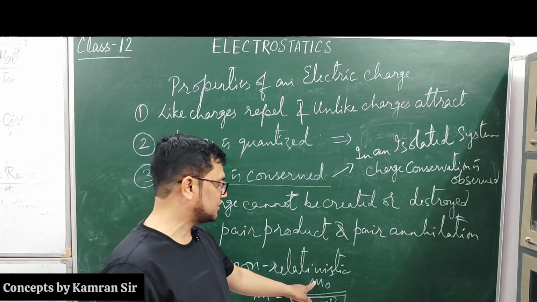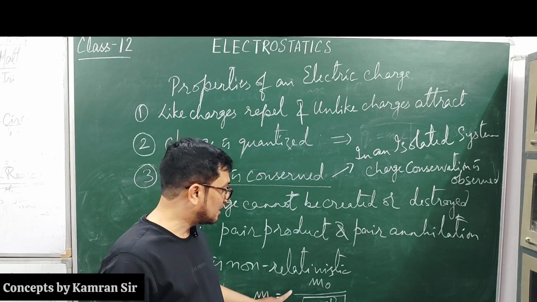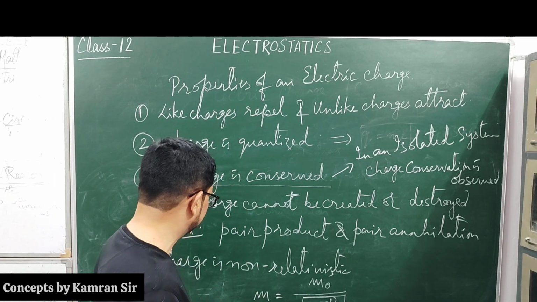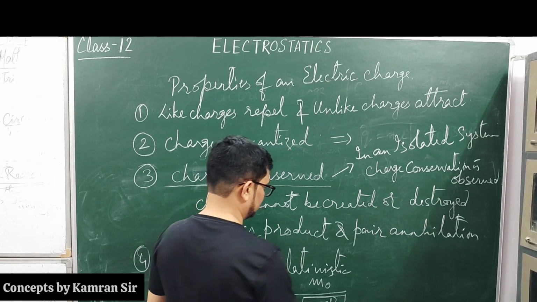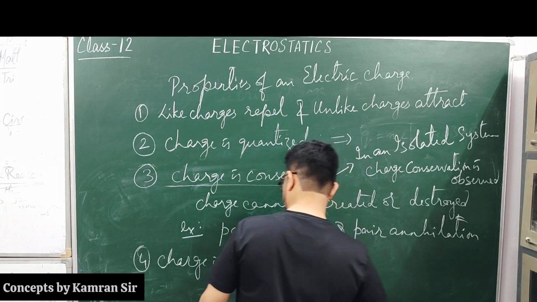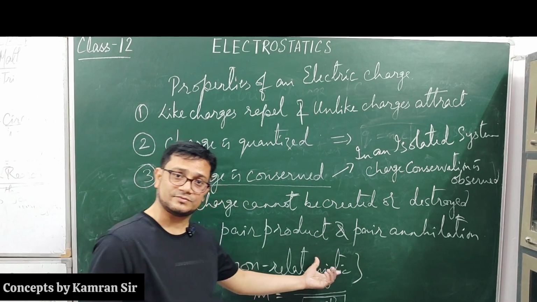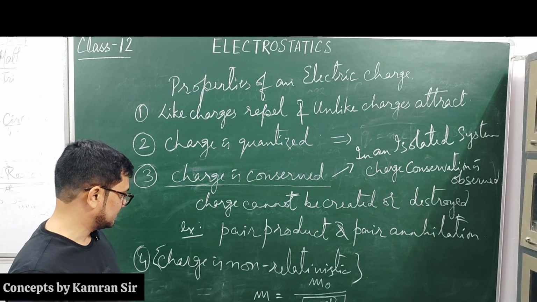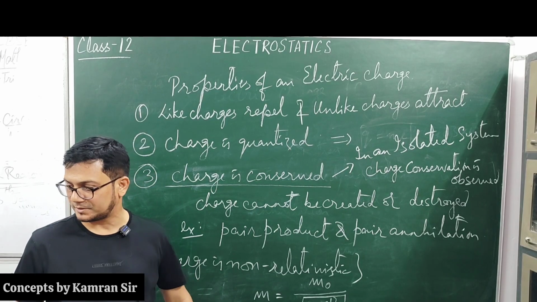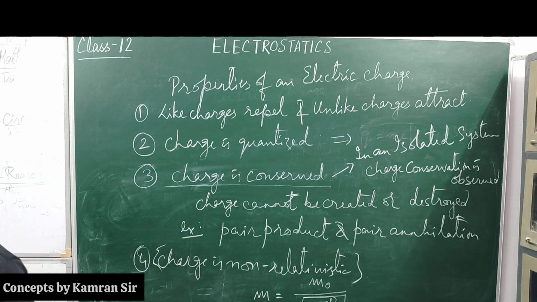So the mass can change. The mass changes, however, charge does not change. So it is non-relativistic. Mass is relativistic. That is another very, very important property. So we can take note that charge is non-relativistic.